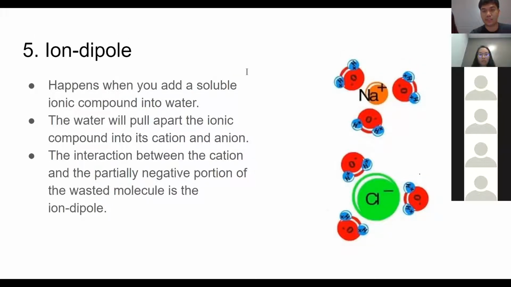The highly negative portion of water will surround the positive ion, and the highly positive portion of water will surround the negative ion. It's that whole opposites attract thing, which is the reason why when compounds are dumped into water, they can be broken apart, which makes that ion-dipole.